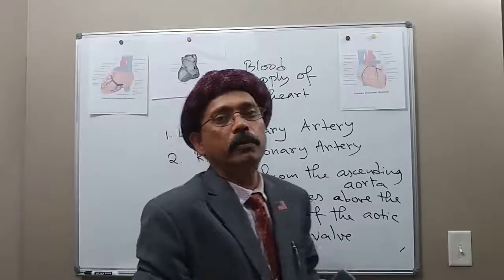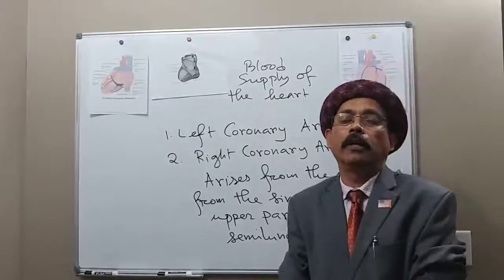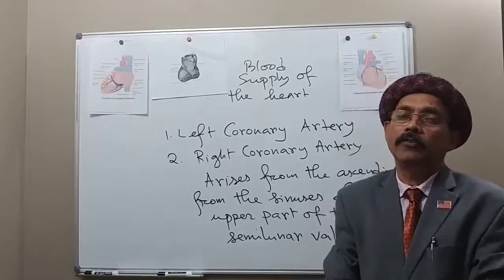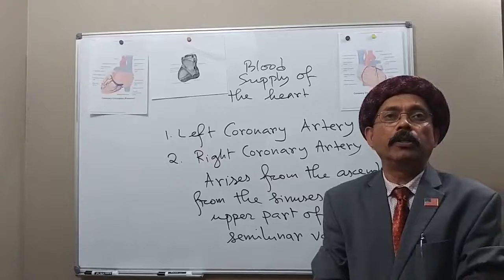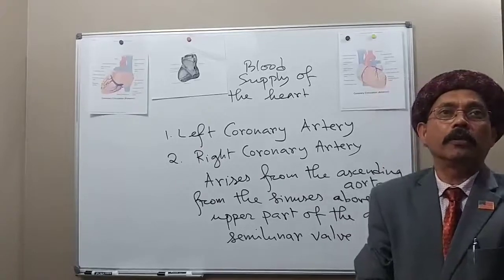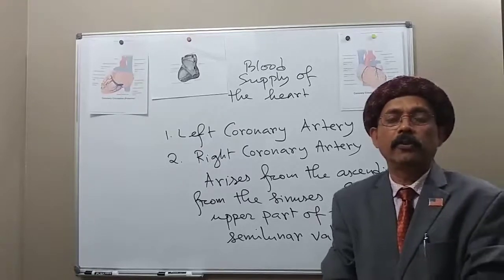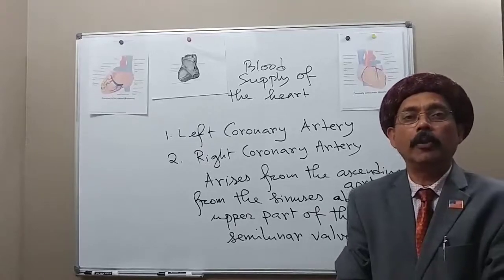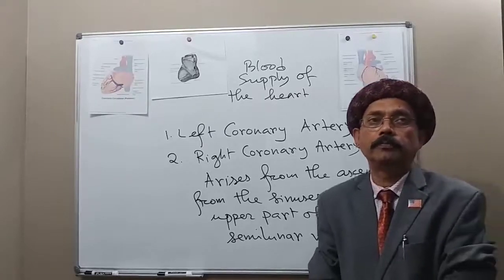So you have the left coronary artery and the right coronary artery. They are branches of the ascending aorta. They begin from the aortic sinuses, which are located above the aortic semilunar valve.